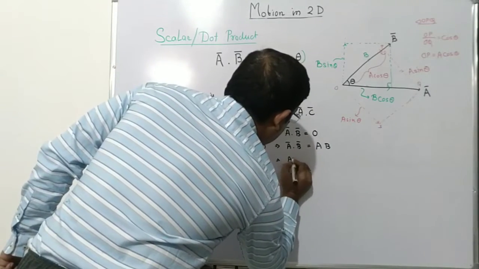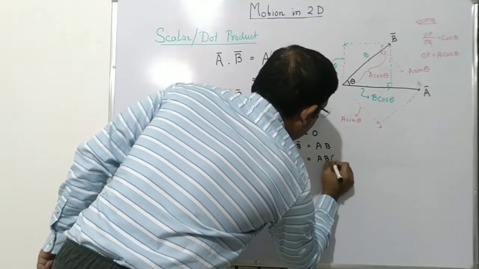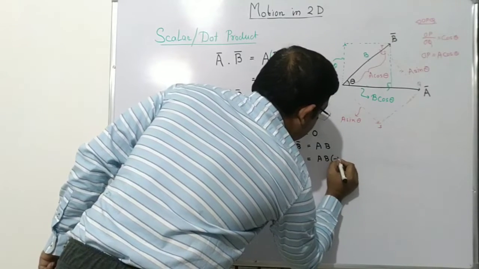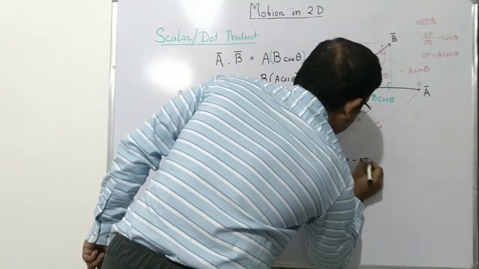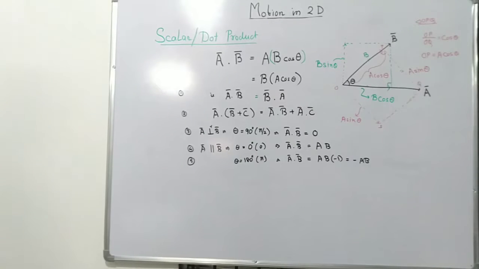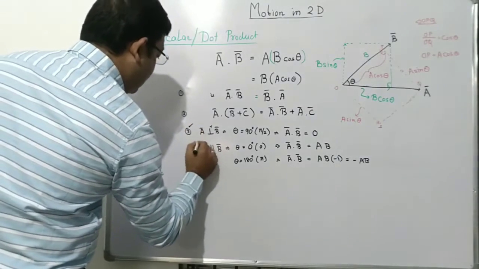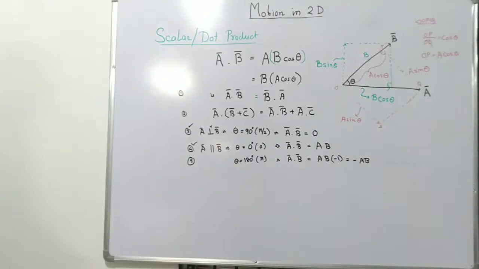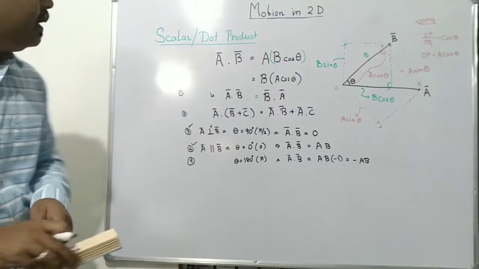So A dot B must be equal to A into B into cos pi, that is -1, which is equal to minus AB. Fine. Now these properties number 3 and 4 are going to give us some more interesting results. Keep this in mind. I'll just clear the board and then come back to you on this.